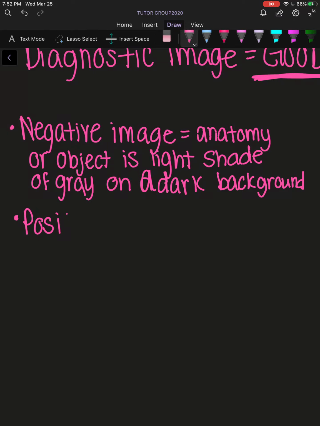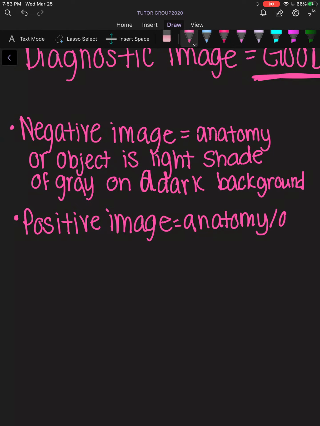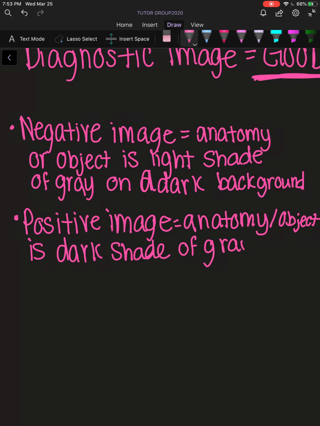So a positive image is where your anatomy or object is a dark shade of gray, almost black, on a light, I'm sorry, not white, background.